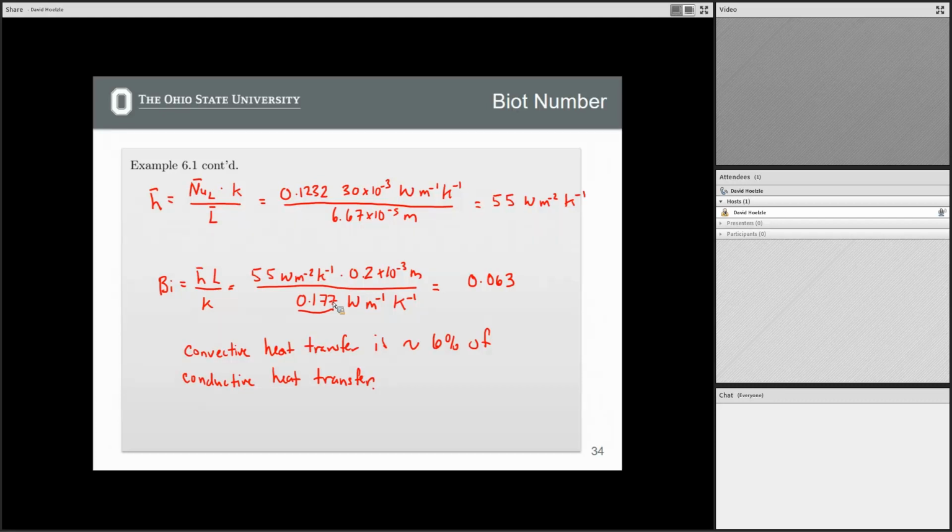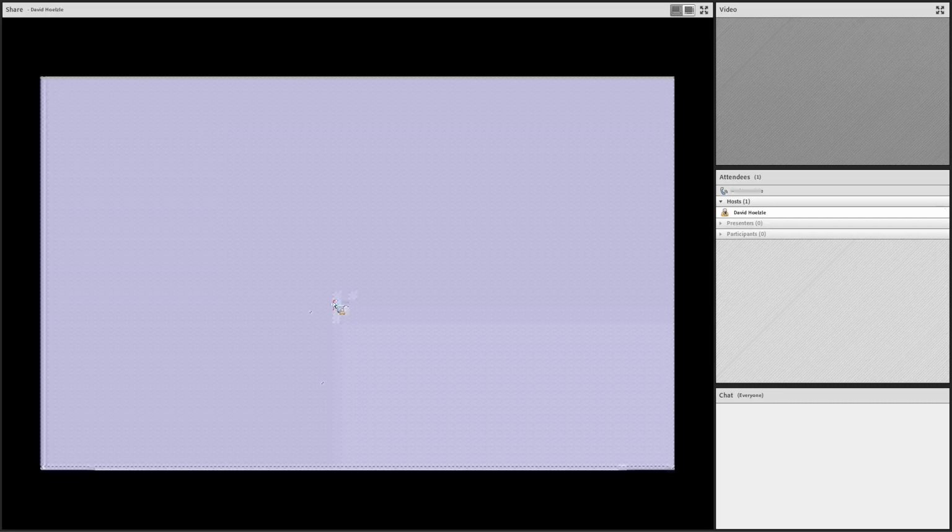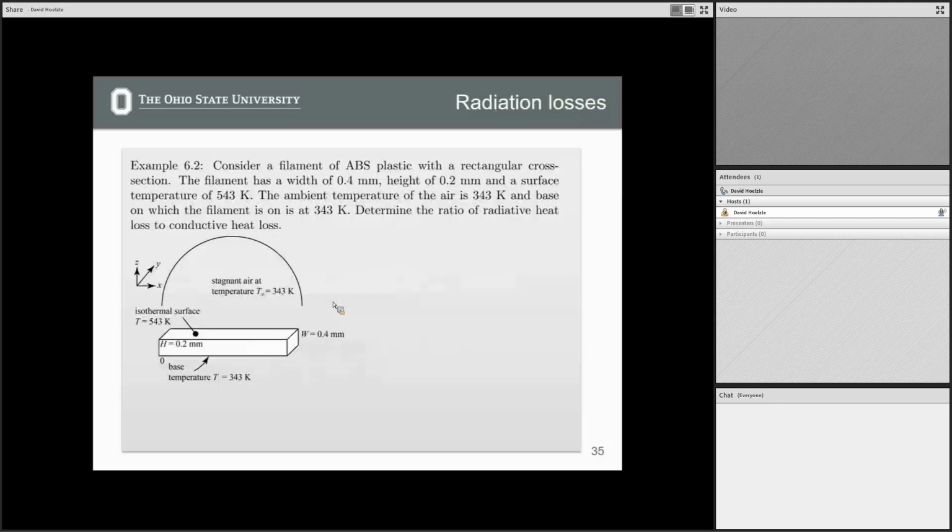All right, so just as with powder bed fusion, we can look at cases where radiation is important, and do a very similar analysis to what we did with powder bed fusion, where we had a considerable amount of radiation from the surface.